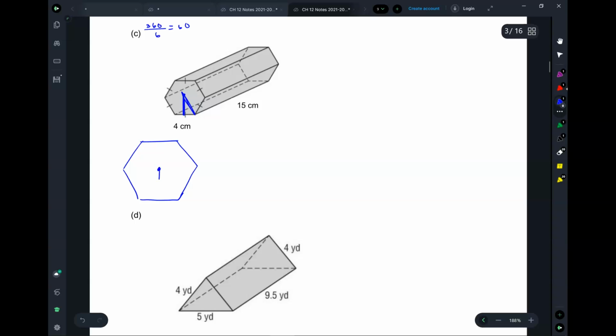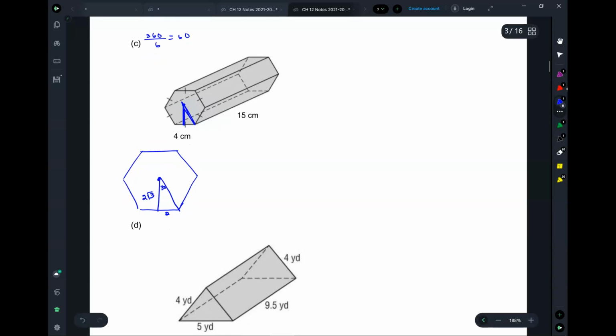Okay? So this is 30, and this is 2. So 2 root 3, 4, right? Yes? Okay, so the apothem is 2 root 3.